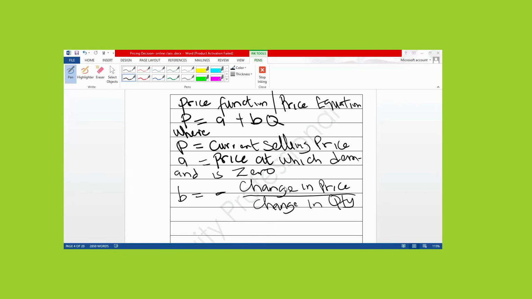Your letter T. Quantity demanded. So price is a function of autonomous price, change in price and quantity demanded.